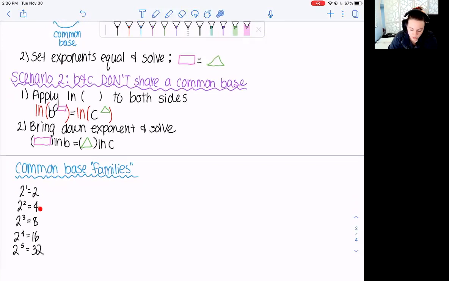So 2, 4, 8, 16, and 32 are all in the same common base family. They all share a common base because they're all powers of 2.